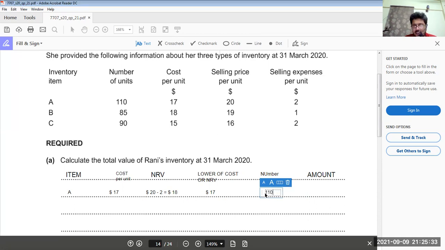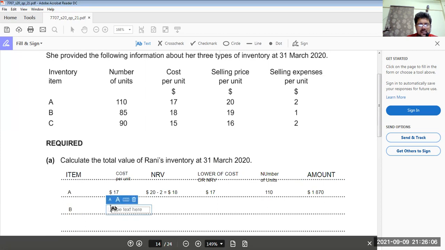So the total value of inventory is 17 multiplied by 110, and answer is 1870 dollars.